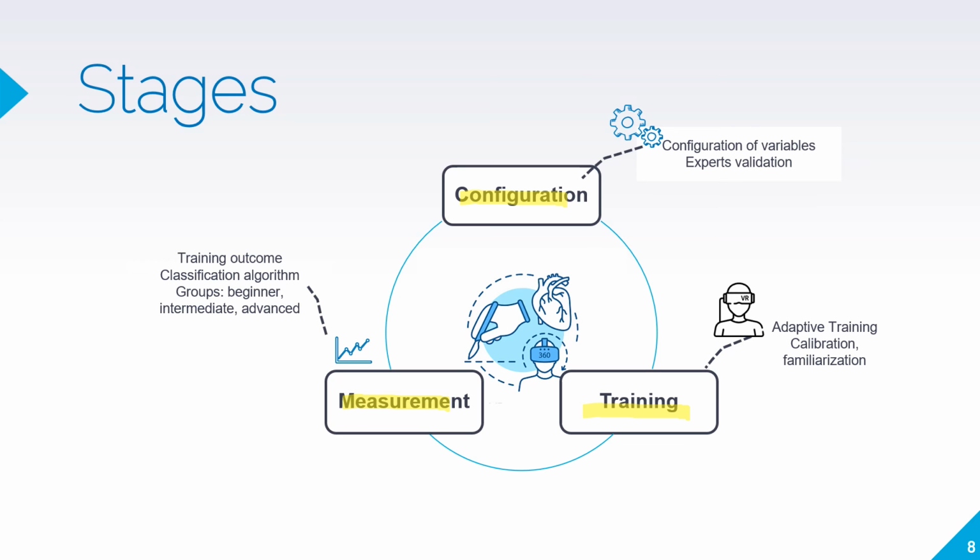The measurement stage is the training result and involves a user classification algorithm according to the skill acquired, from the data processing of information recorded during the training. A classification algorithm will place the user in one of the groups: beginner, intermediate, or advanced.